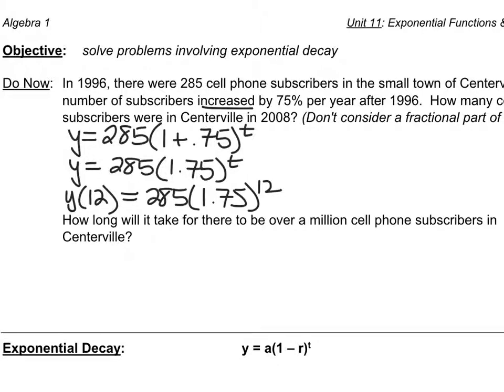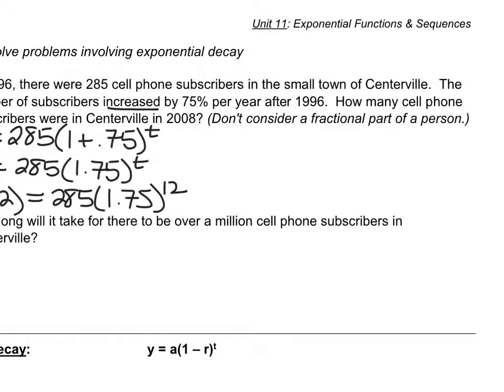All right, so they said don't consider a fraction of a person. We'll address that in a second. So this is approximately 235,126.427.